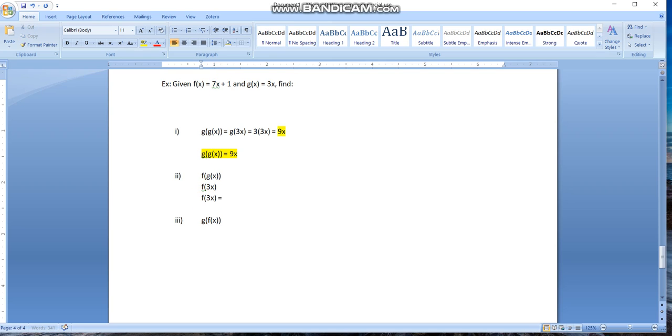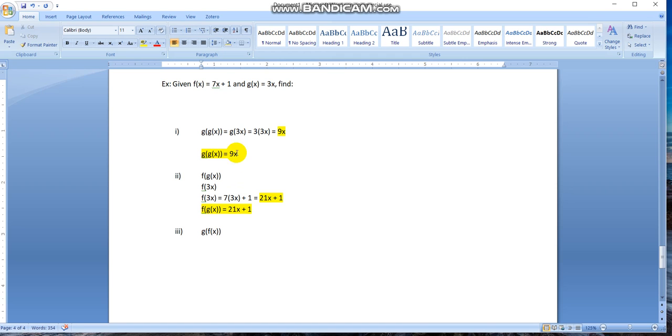So f of 3x is going to be 7 times 3x plus 1. 7 times 3x is 21x, and then this part is on the outside. This doesn't get touched. This is 21x plus 1. So our final result is f of g of x equals 21x plus 1.